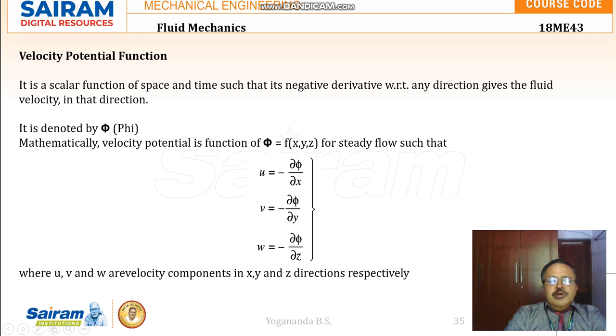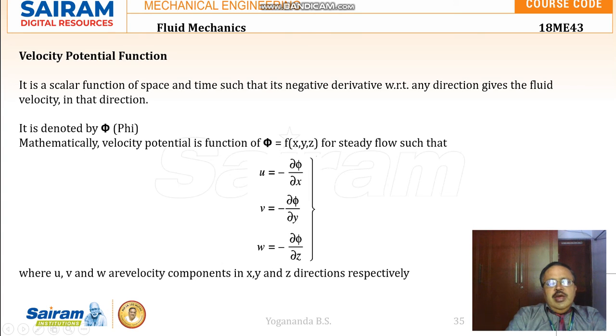So the negative derivative of phi with respect to the x direction gives the fluid velocity in the direction of x, that is u.